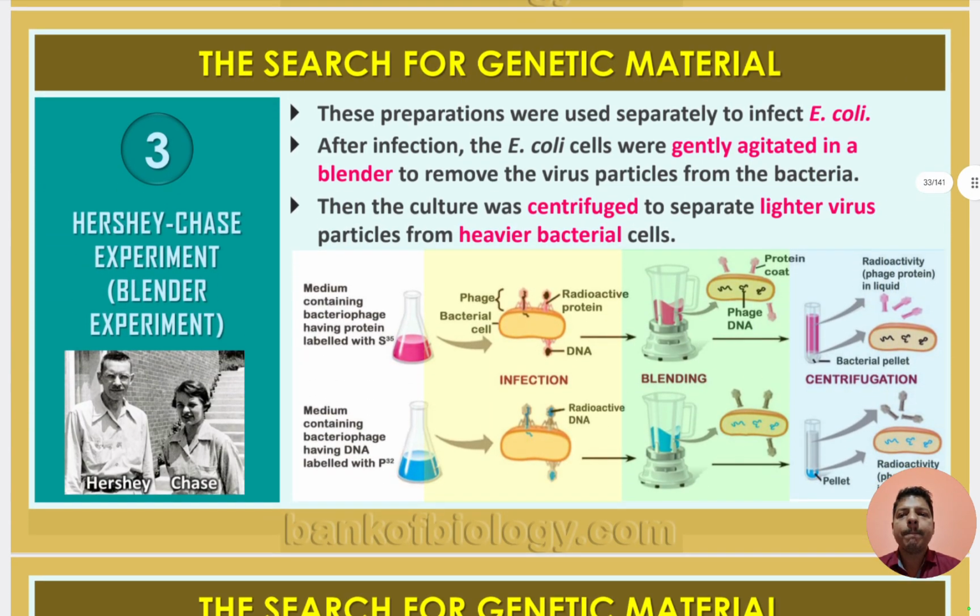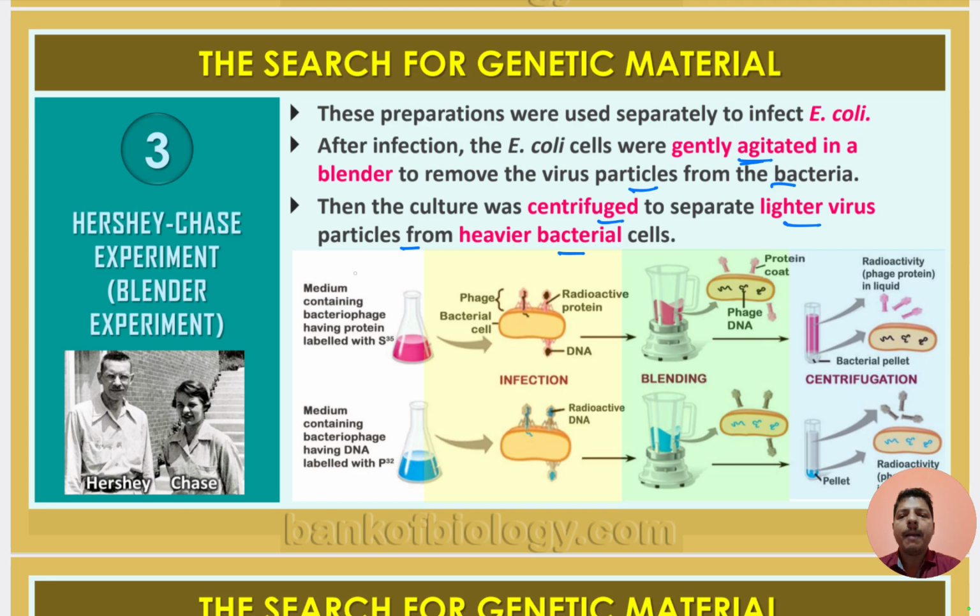These preparations were used separately to infect E. coli bacteria. After infection, the E. coli cells were gently agitated in a blender to remove the virus particles from the bacteria. Then the culture was centrifuged to separate the lighter virus particles from the heavier bacterial cells.